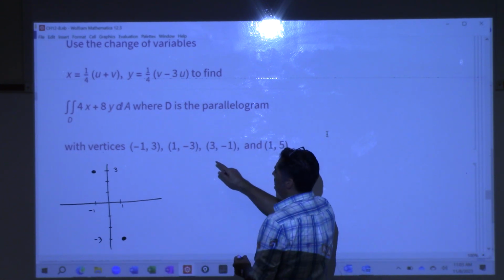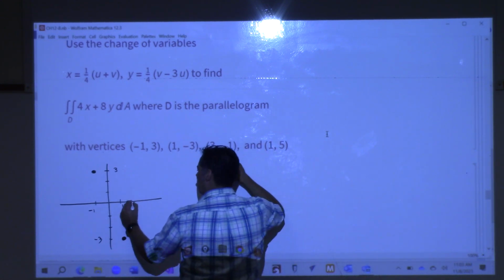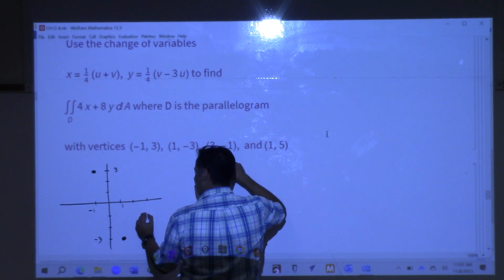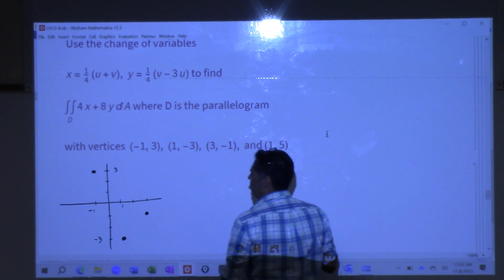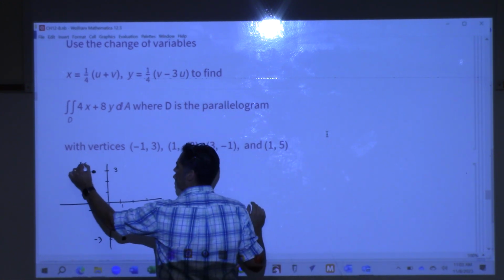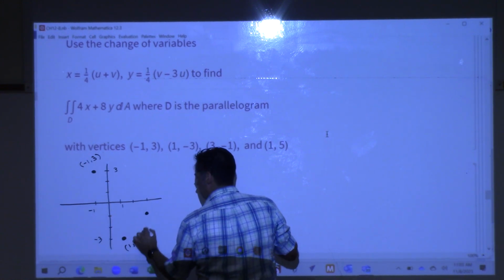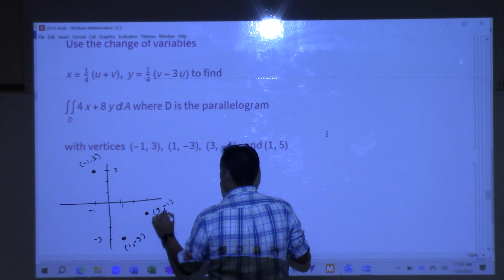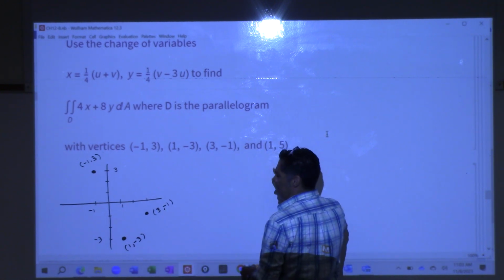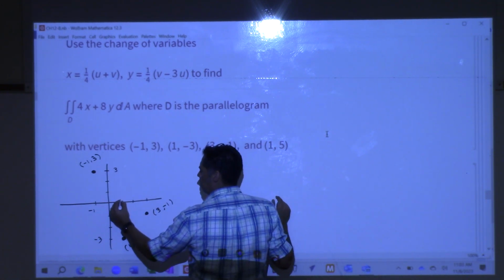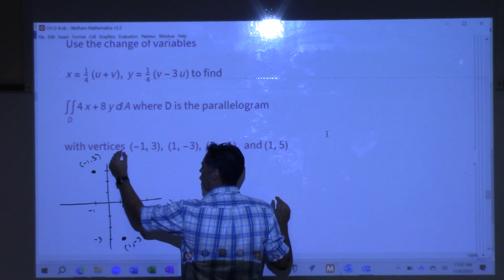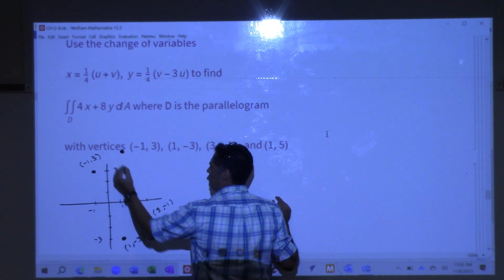Then we have 3, negative 1. To the right 3, down 1. Let me go ahead and label these. Negative 1, 3. 1, negative 3. 3, negative 1. And finally, 1, 5. 1, up 5. 3, 4, 5, up here. There it is.